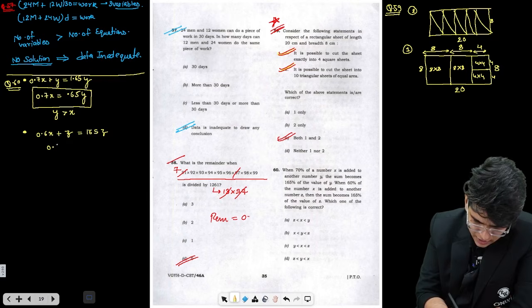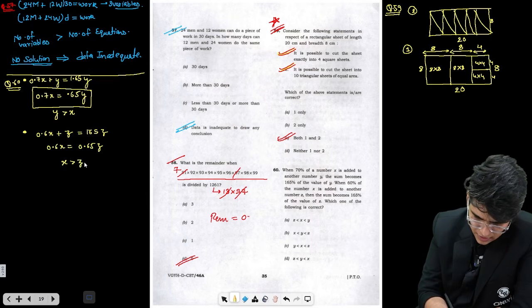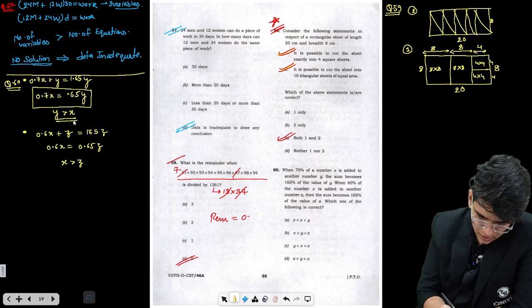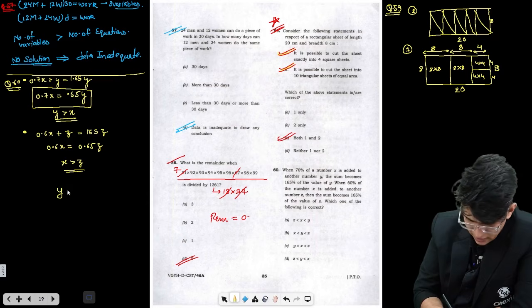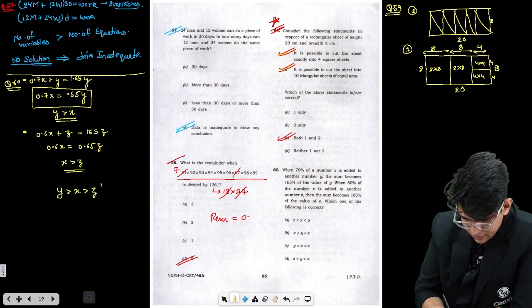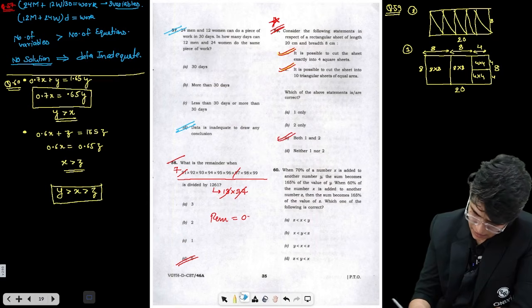Here 0.6x equals 0.65y. Here x is multiplied with a lesser value, that means x is greater than z. Okay. Now y is greater than x is greater than z, so the final arrangement will be y greater than x greater than z. Option A.